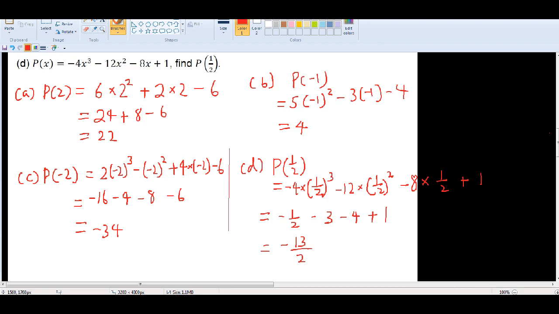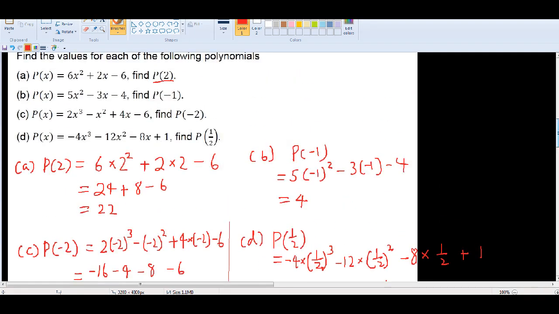Okay, so let me show you a very interesting fact for all the substitution here. Now we know for the first question, for A, if I substitute 2 into x, you will have 22.